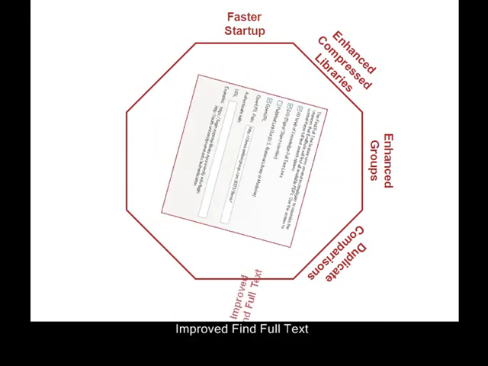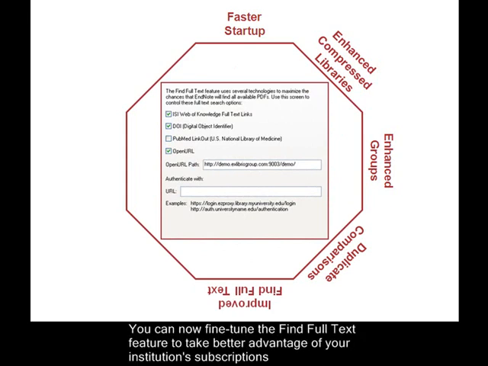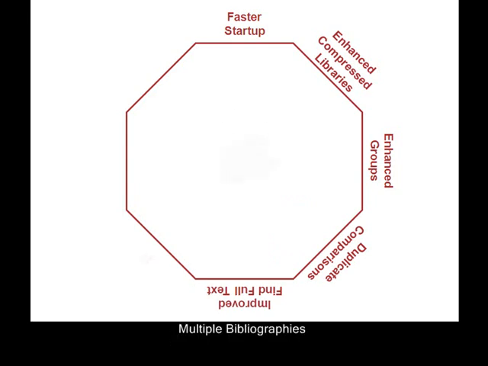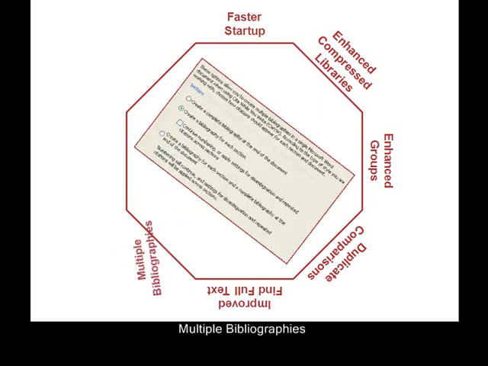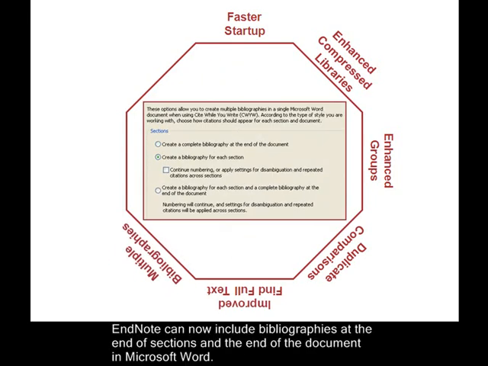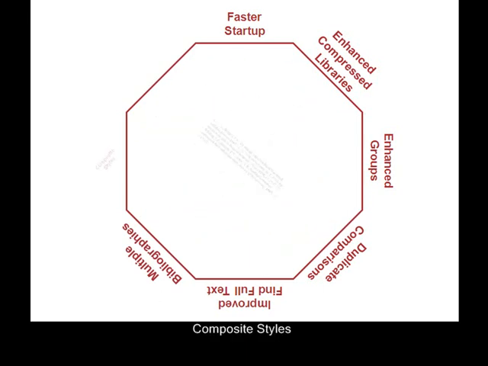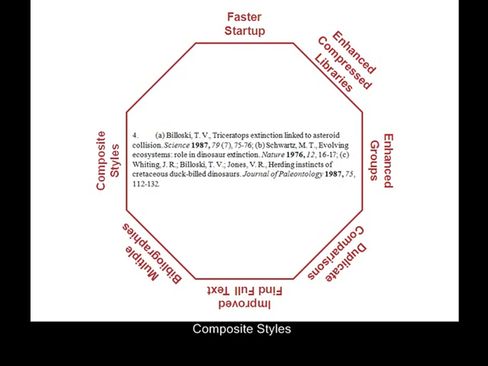Improved Find Full Text. You can now fine-tune the Find Full Text feature to take better advantage of your institution's subscriptions to download the full text of journal articles. Multiple bibliographies. EndNote can now include bibliographies at the end of sections and at the end of the document in Microsoft Word. Composite styles.